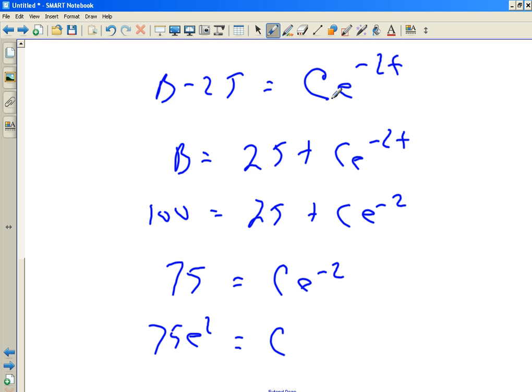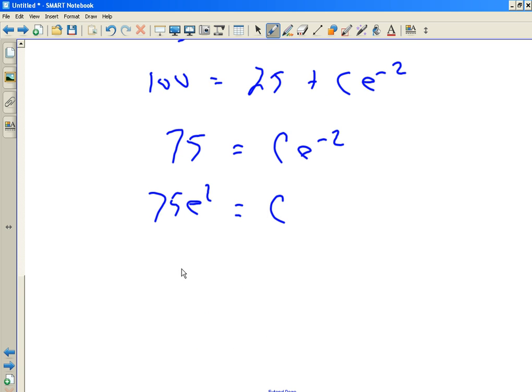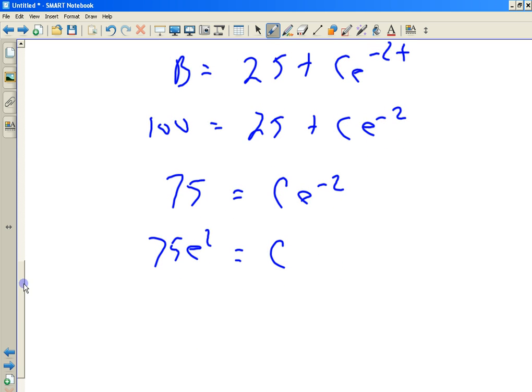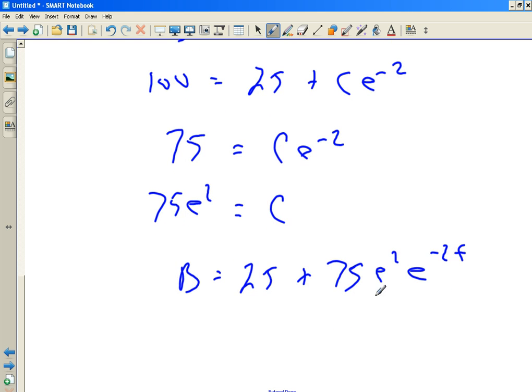All right, so put that back in place of c. So b is equal to 25 plus 75 e to the 2 times e to the negative 2t. No one writes it that way. Can't you combine these two e's as one?